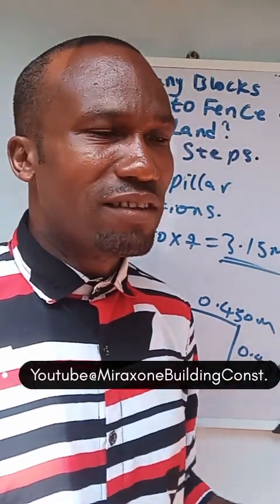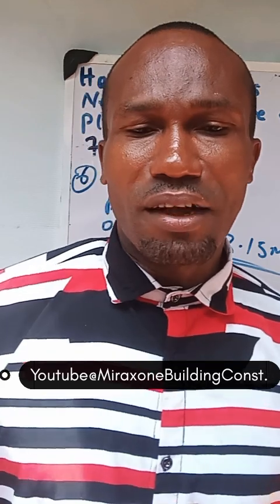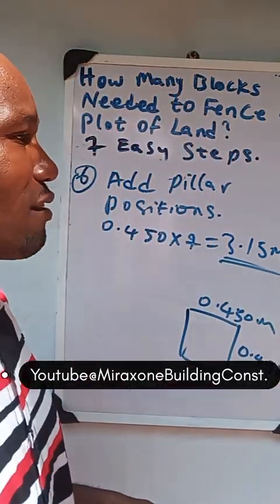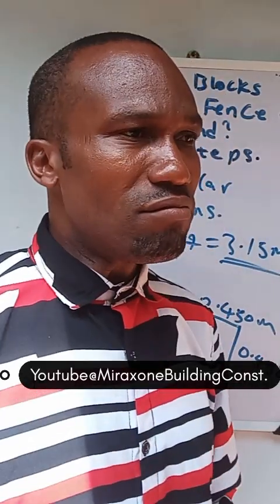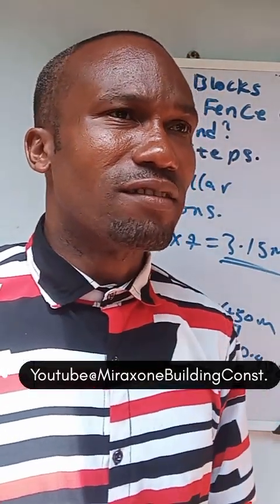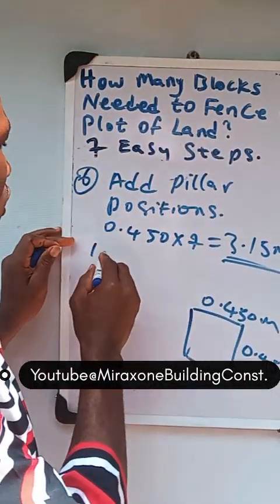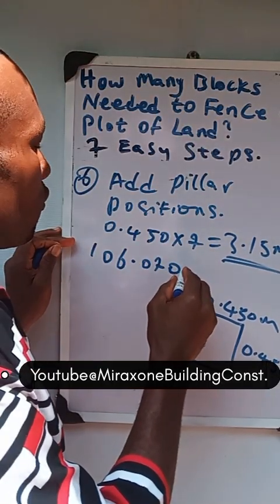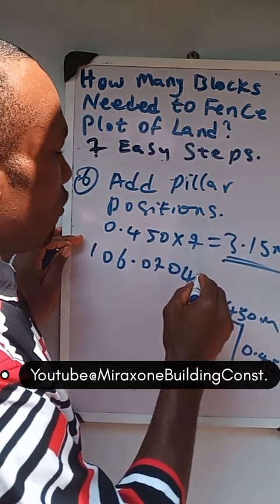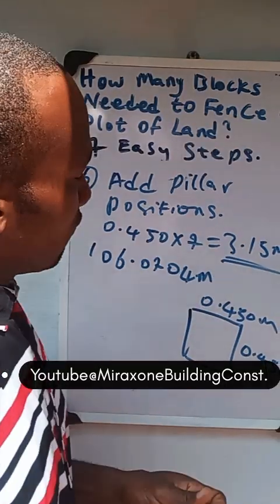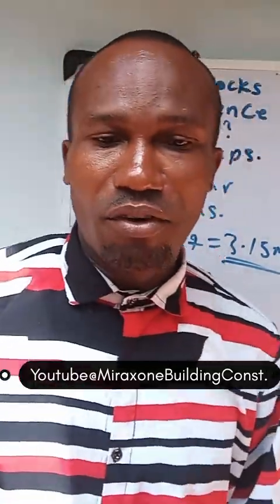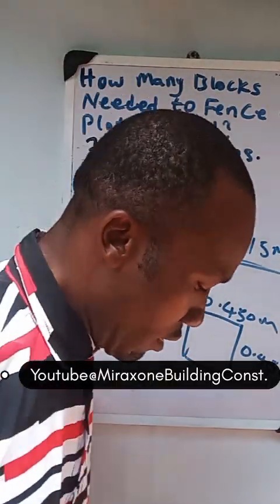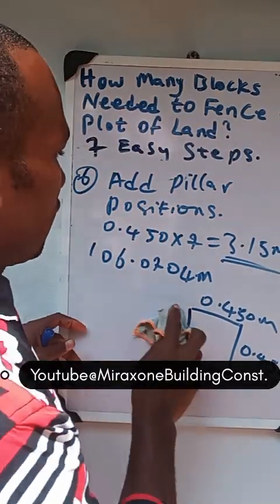So how many places are we going to install the pillar? The total length of the fence area is 106.0704 meters.